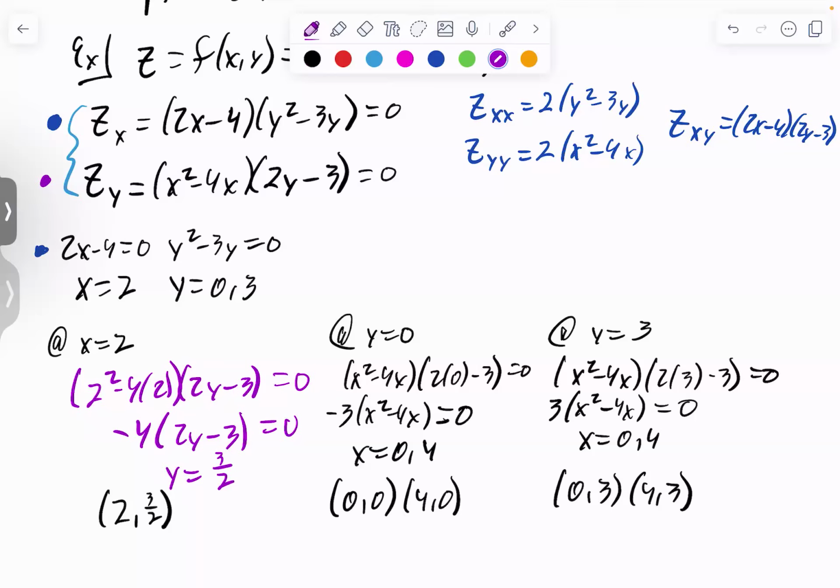I also want to point out that when I set the z sub y to equal 0, I get x squared minus 4x times 2y minus 3 equals 0. This means that x equals 0, 4, and that y is 3 halves. And we can see that we have covered, when y is 3 halves, we're here.